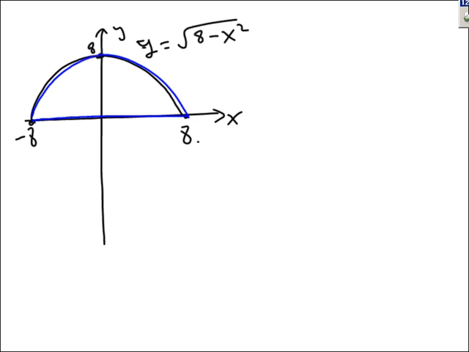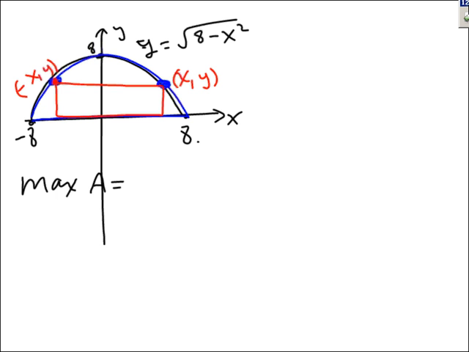Well, I hope you realize that a rectangle is defined as follows. If you pick this point here, then you have to pick that point, and your rectangle is defined. What am I saying? I'm saying very clearly, here's your rectangle. Okay, if this point here is xy, then this point on the left will be negative xy. Okay, so now we want to maximize A for the area.